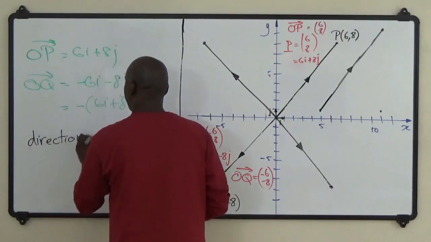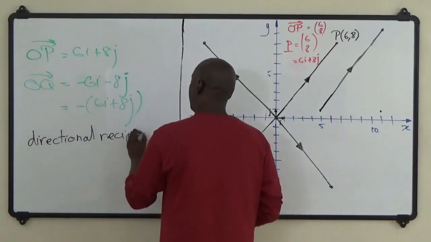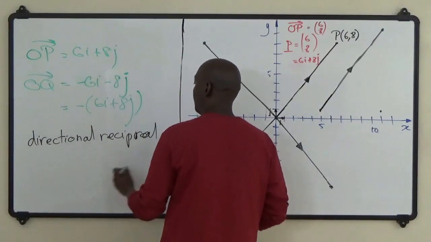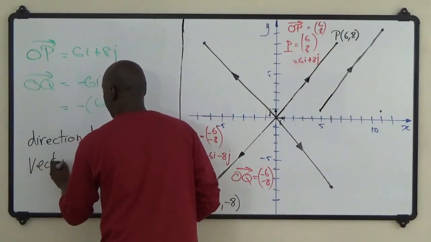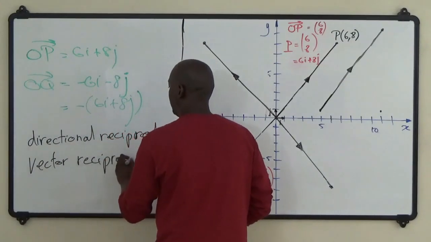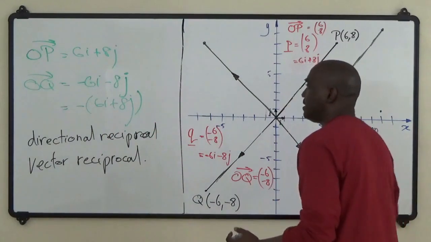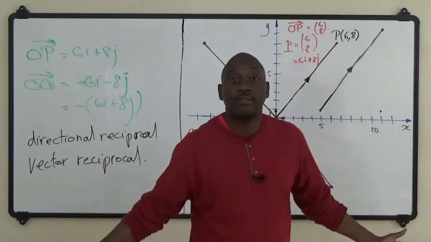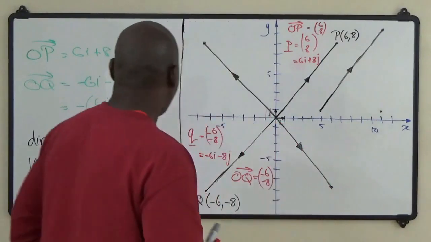The directional reciprocal, or maybe we could even refer to it as the vector reciprocal, whatever. You don't want to try to remember that. That's just me playing the fool a little bit. The whole idea is that direction is reversed. That is all.